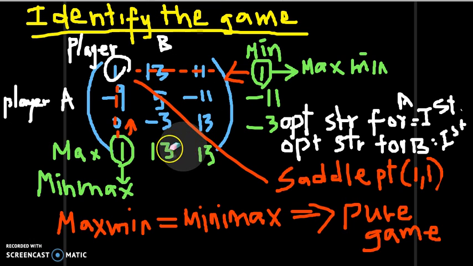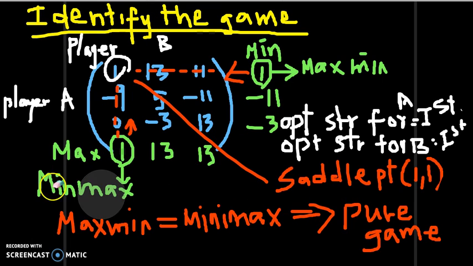The maximum loss for B if he uses the first strategy is 1. If he uses the second strategy, 13. And if he uses the last strategy, his maximum loss is 13 points to A.